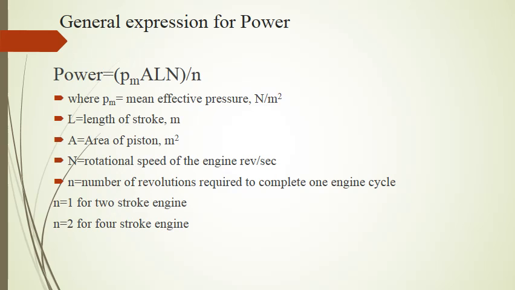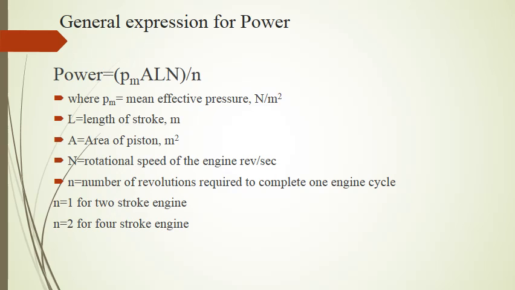So Pm is basically referring to mean effective pressure, A is referring to area of piston, L is referring to length of stroke, capital N is referring to rotational speed of the engine in revolutions per second, and small n is referring to the number of revolutions required to complete one engine cycle.